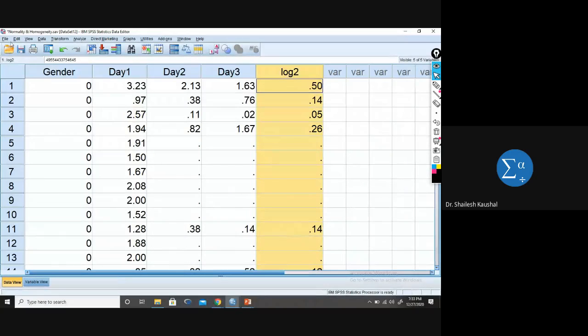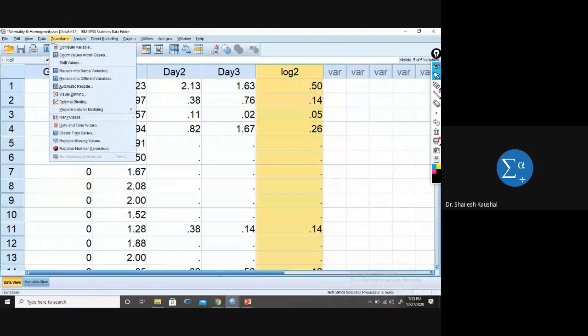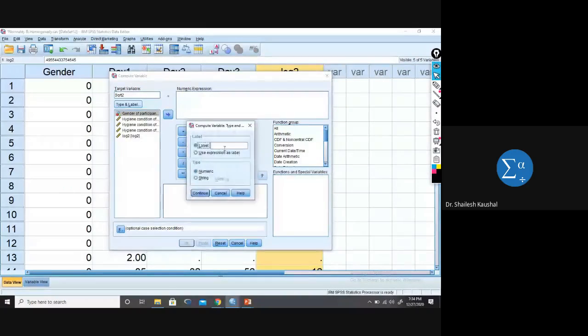Log transformation. Second is square root transformation. So for square root transformation, go to transform, compute variable. So reset. I am writing here sqrt, square root, and copy and paste, type and label, and I am pasting here and then continue.